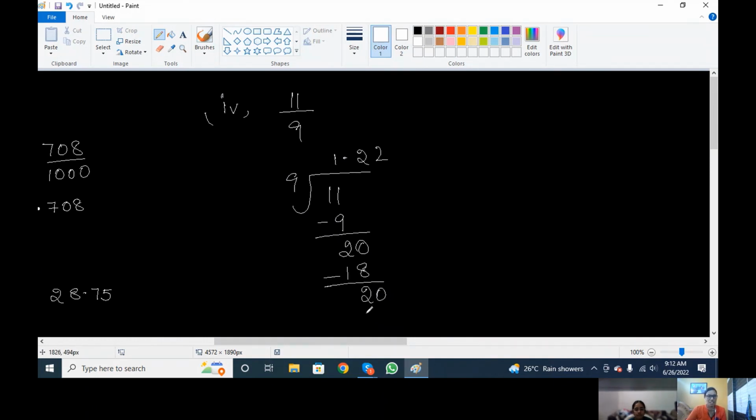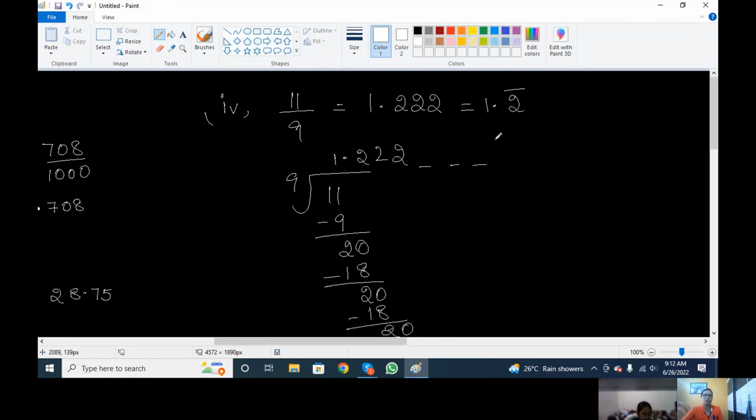Again 2 times 9 is 18. So we keep on getting 2 here. There is no end. So what do we write for this? 1.2 bar. Correct.